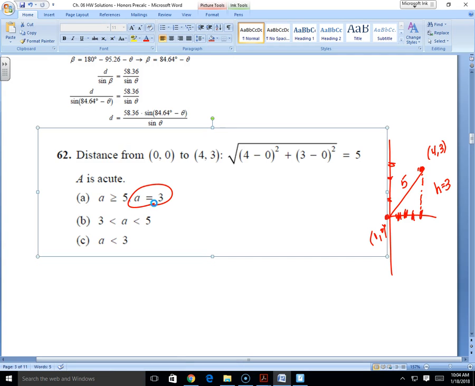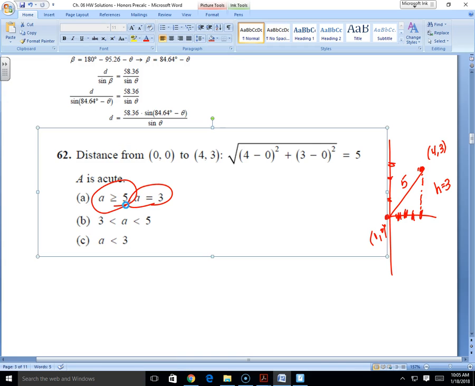However, we also know that if this third side was bigger than 5, a 6 or a 7 or an 8, the only way to swing is out. So greater than or equal to 5 can't swing in, it can only swing out. That's another time where you're only going to have 1 possible triangle. However, if you have a side between 3 and 5, what's going to happen?